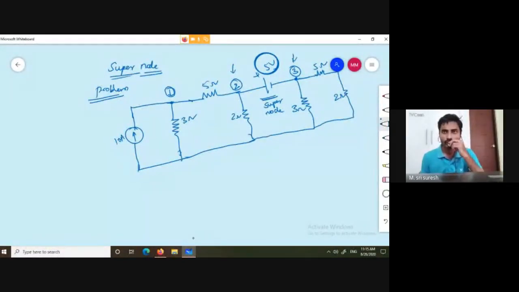Now how many node equations will come? Three node equations, according to the three principal nodes. First, I am redrawing the circuit by replacing this supernode battery with a short circuit, so that I can represent the current directions.